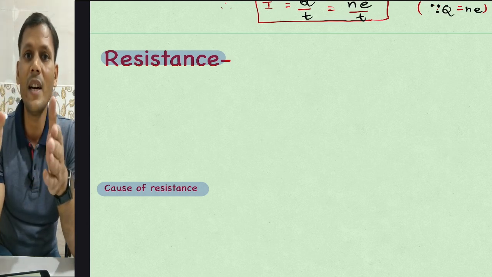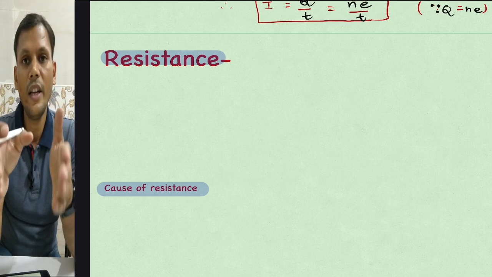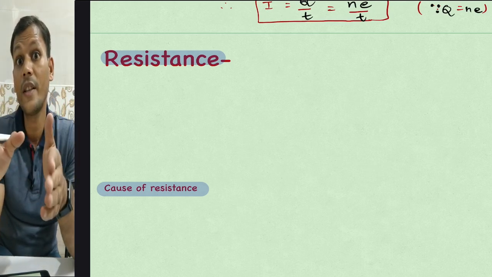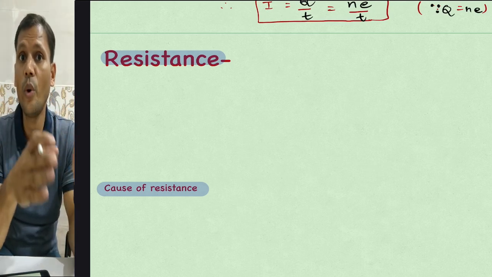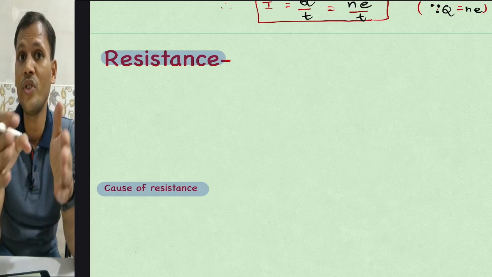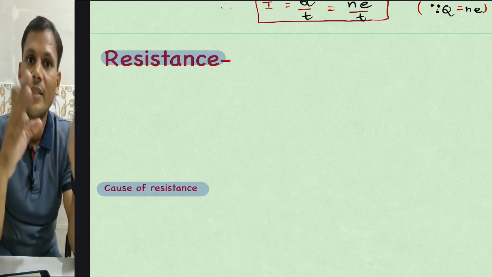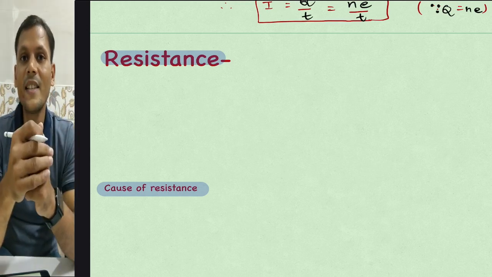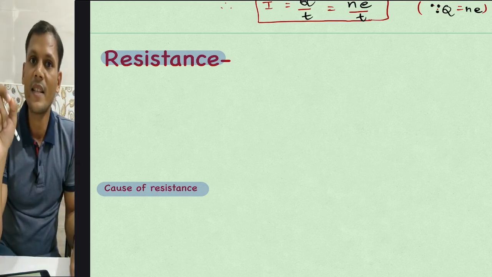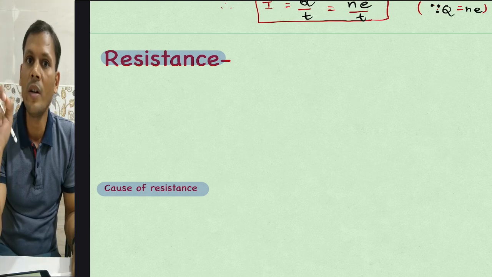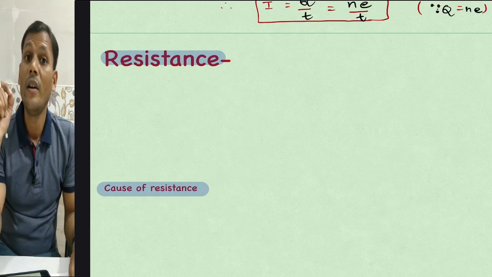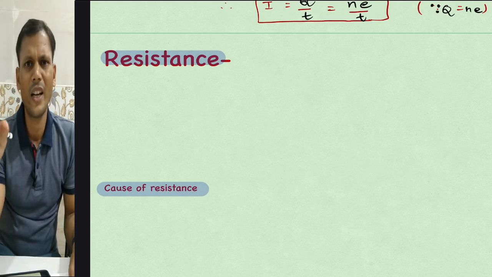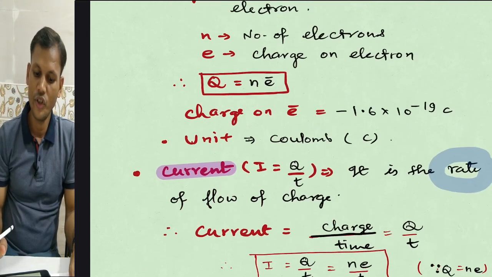It means there is opposition in the flow of electrons, so we can say there is opposition in the flow of charge. It means there is opposition in the flow of current. That is the resistance. So once again, what is resistance? Simply, resistance is the opposition offered by the conductor to the flow of electron, to the flow of charge, or to the flow of current. Any of the terms we can choose.